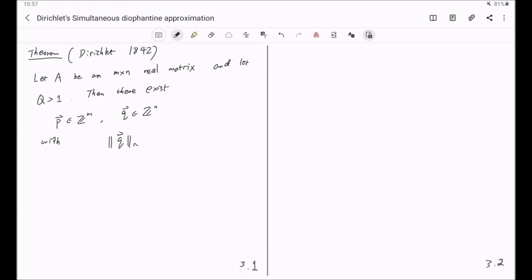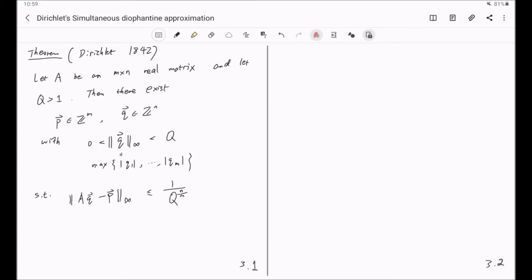the maximum norm or the infinity norm, namely the biggest absolute value of its components, with this norm strictly bigger than 0 and less than Q, such that, still the infinity norm of this vector Aq minus P is bounded by 1 over Q raised to the power n divided by m.